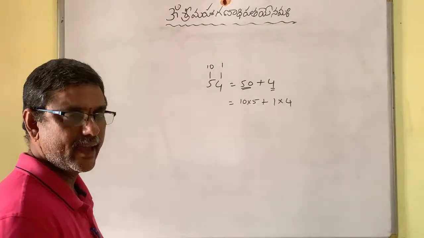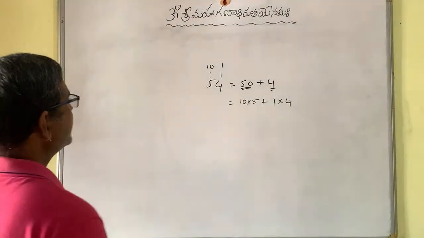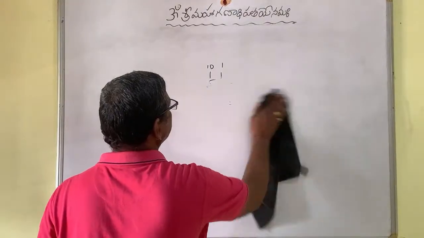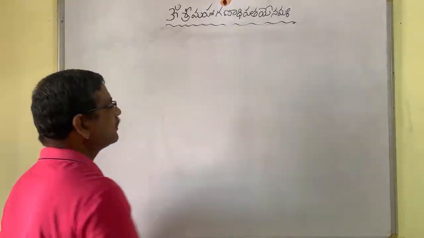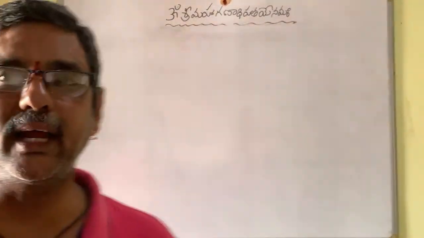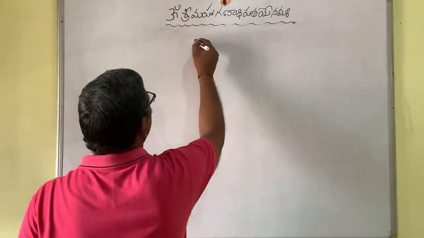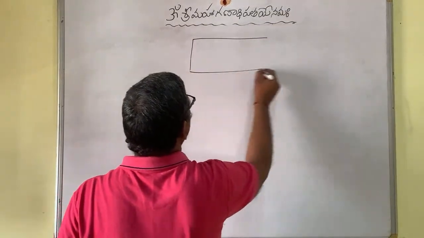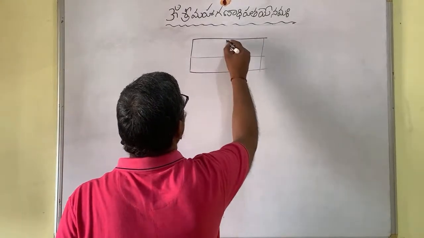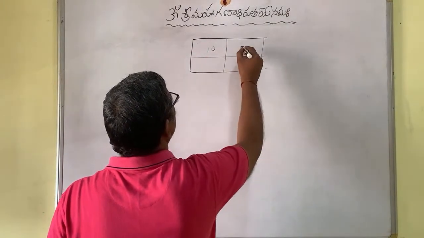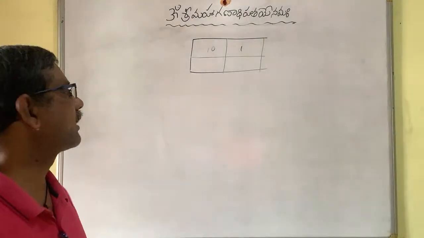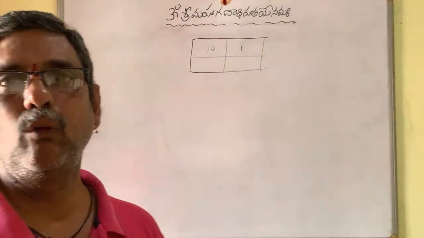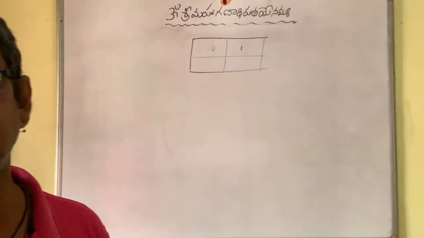So in the same way, in the given problem, he is talking about a 2-digit number. So what we have to do? We need to consider 2 digits, one in the tens place, one in the ones place.